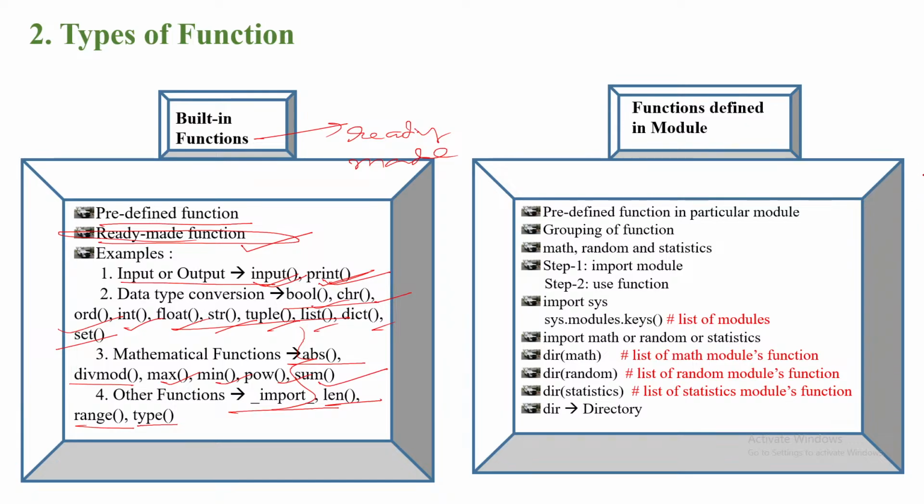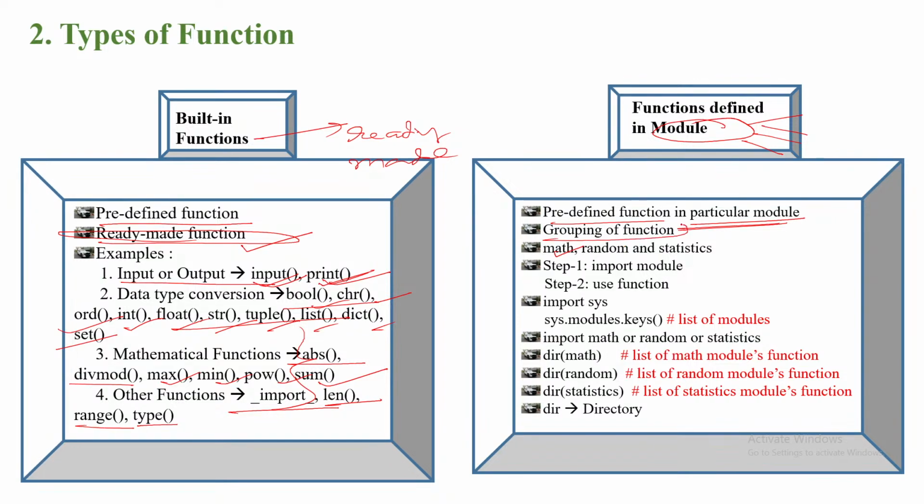Now come to the functions defined in module. I already told that in one particular module many functions are available. So they are predefined functions in a particular module. See, for example, if in the math module we get the power function, in the random module we cannot get that same function name, right?